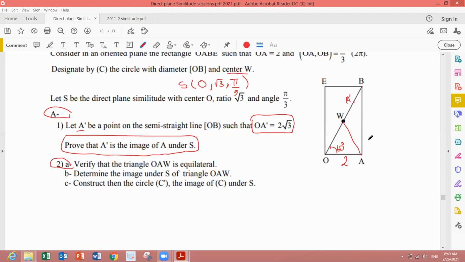W is the center. وعنا واحد angle إنه 60. يعني OW بده يصير equals to WA. يعني هيدا كمان 60. بضل 60 يعني equilateral.